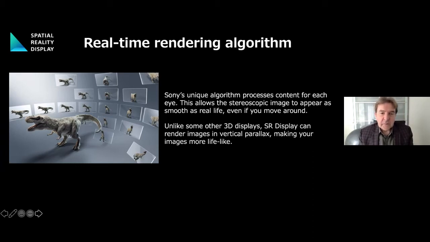So we believe this is one of the key things that makes this display unique and gives a very accurate and high quality image of your work, of your model, regardless of your head position, regardless of how you are moving or how the object is moving.